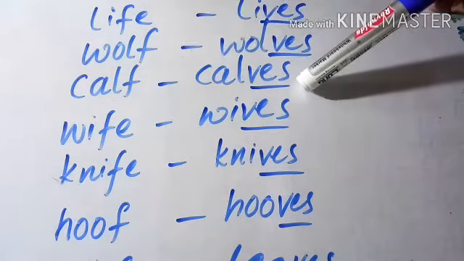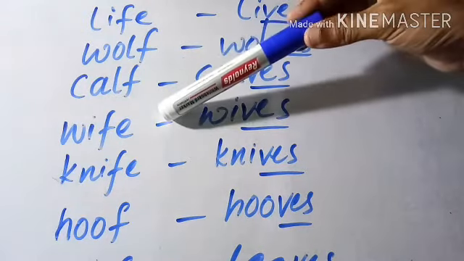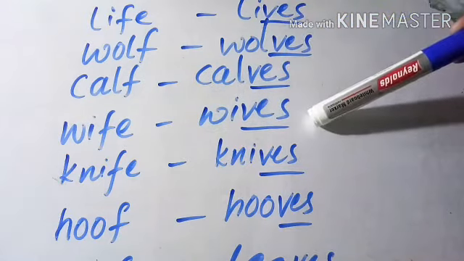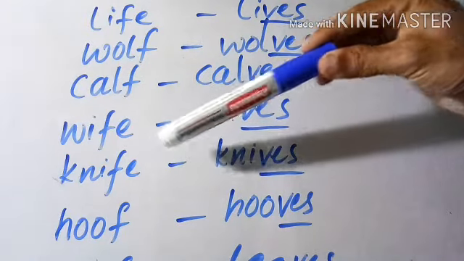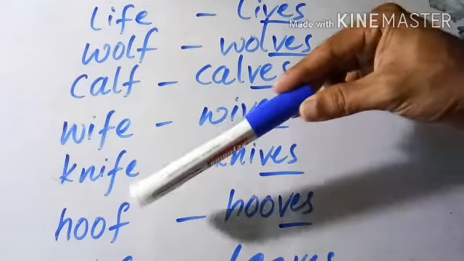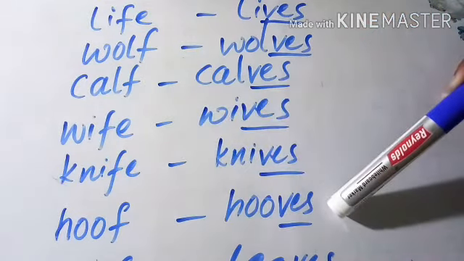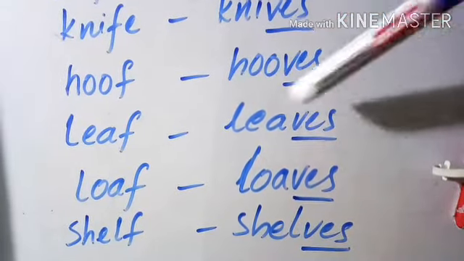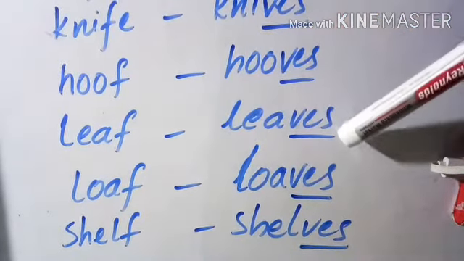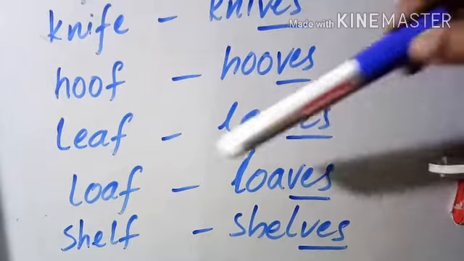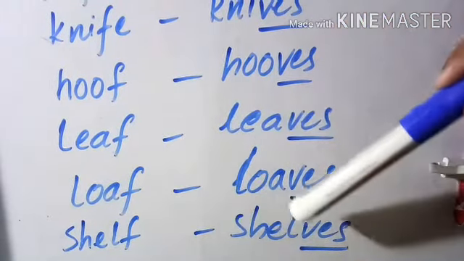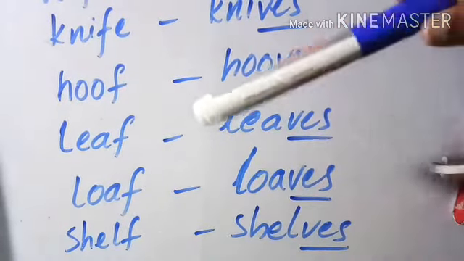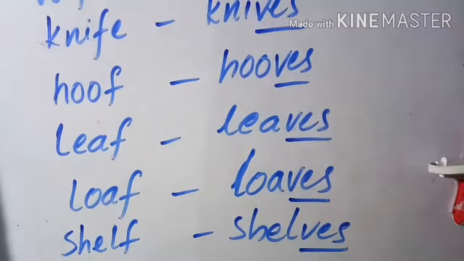Calf, calves. Wife, wives. Knife, knives. Hoof, hooves. Leaf, leaves. Loaf, loaves. Loaves of bread. Shelf, shelves. This is how all the ves endings become z.